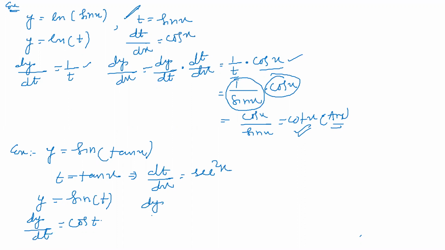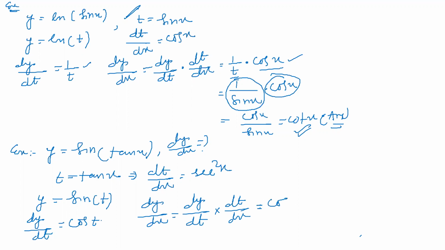What we want to find is dy by dx. Here in the question we will be asking what is dy by dx. So for dy by dx, what we have to do? Dy by dt into dt by dx. This dy by dt is how much? Cos t.